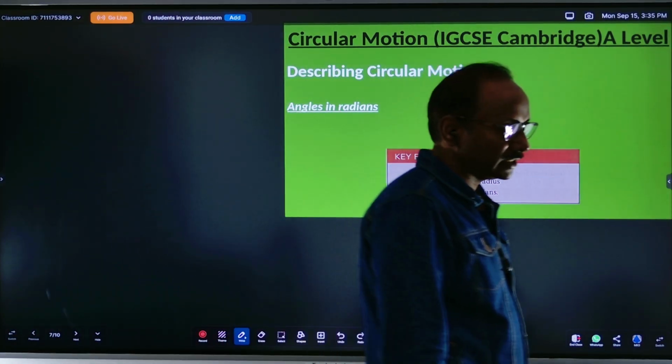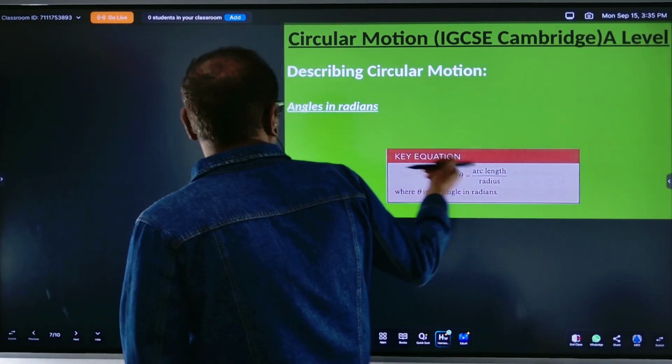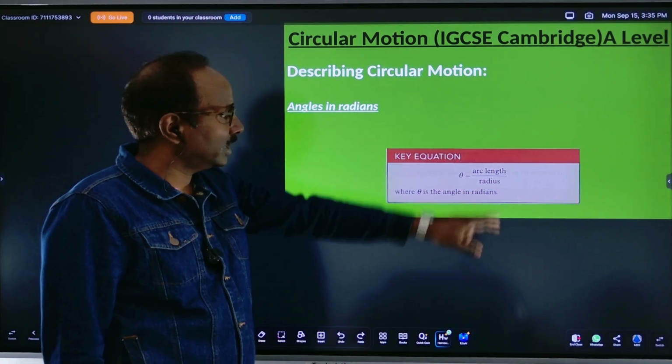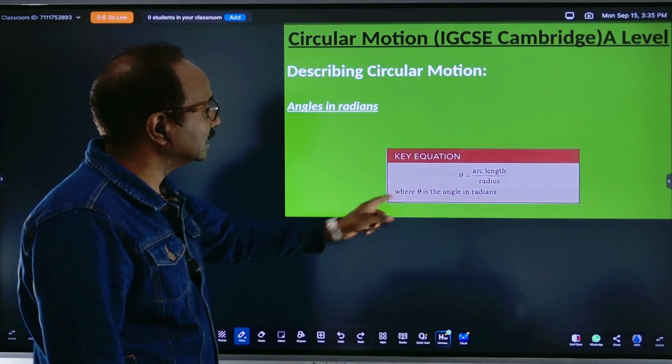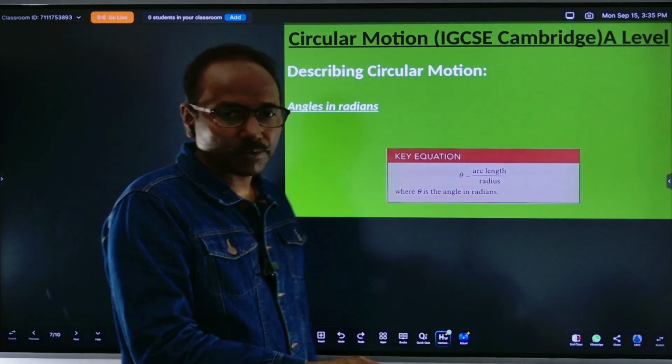Theta is equal to arc length by radius, where theta is the angle in radians.